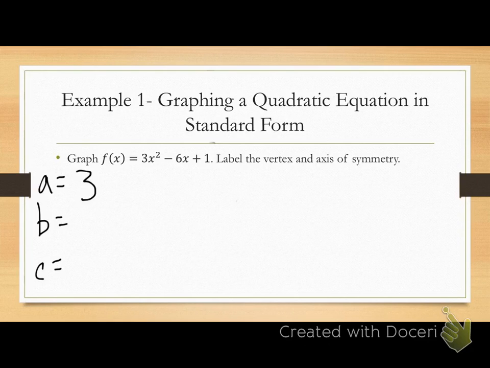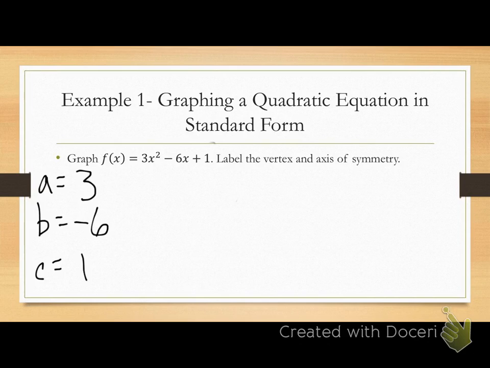What would that make my B value? -6. And then my C value? 1. Everyone see where we're getting A, B, and C from? A is just the number in front of x squared. B is just the number in front of x. C is my constant. Questions there?